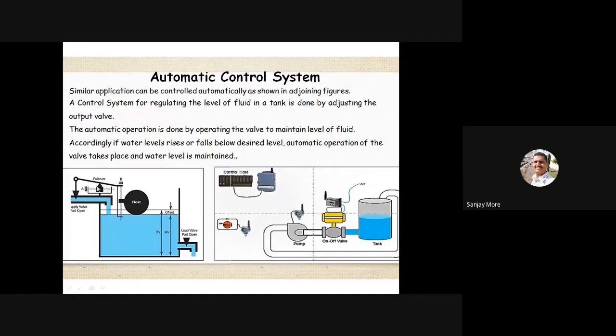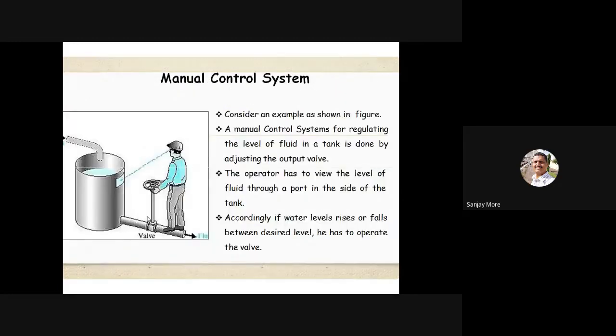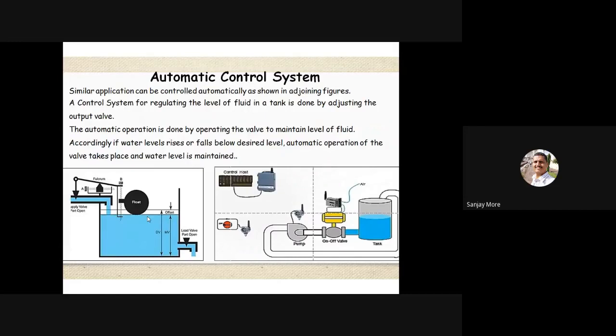The fulcrum pin moves downward, and the water supply is stopped after filling the tank. Accordingly, if the water level rises or falls below the desired level, automatic operation of the valve takes place and the water level is maintained. Okay? Here is the manual control system, and here the automatic control system.